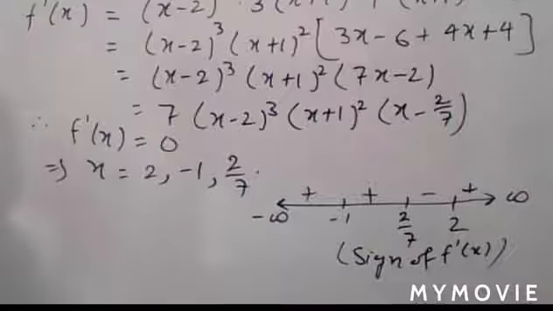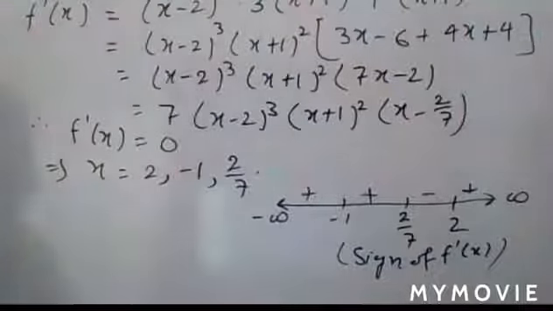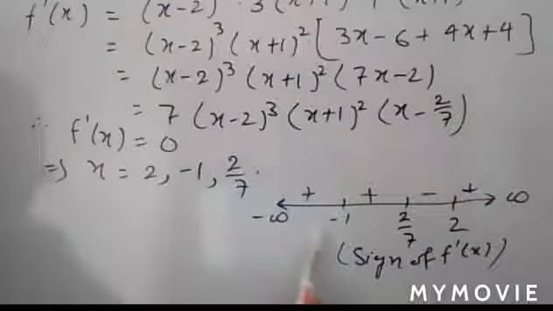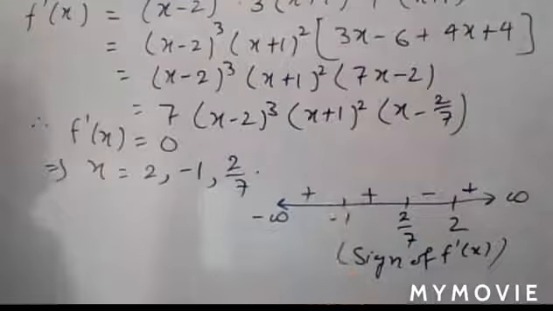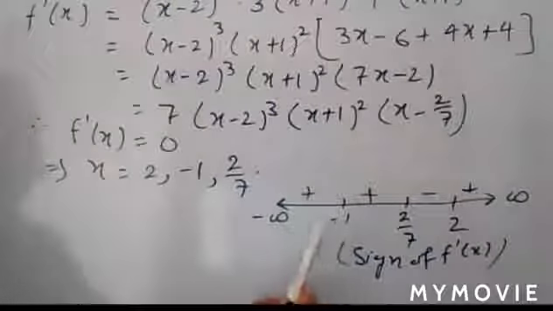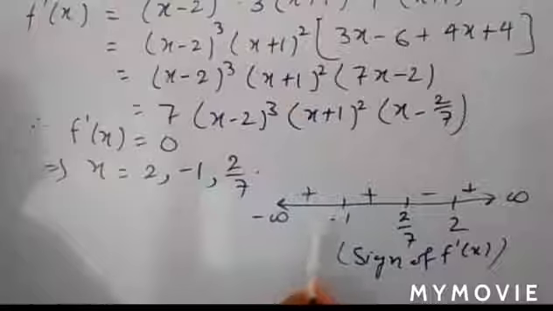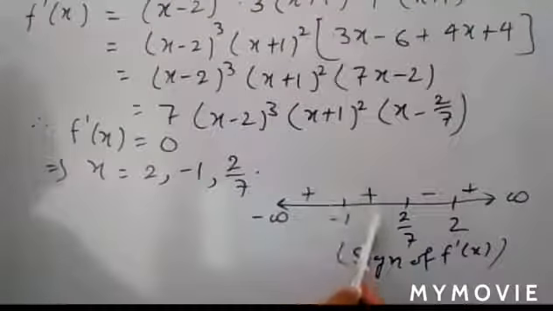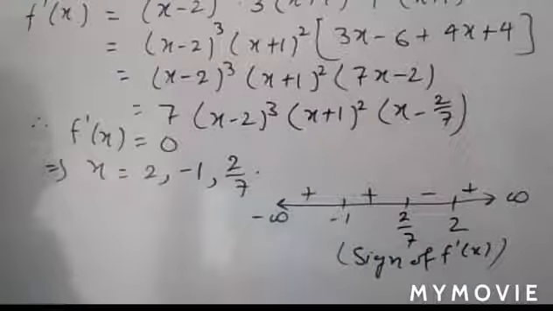Now, corresponding to each critical point, check the sign slightly less than that point and slightly greater than that point. Starting with x = -1, the sign of the derivative does not change: positive before, and slightly greater is also positive.